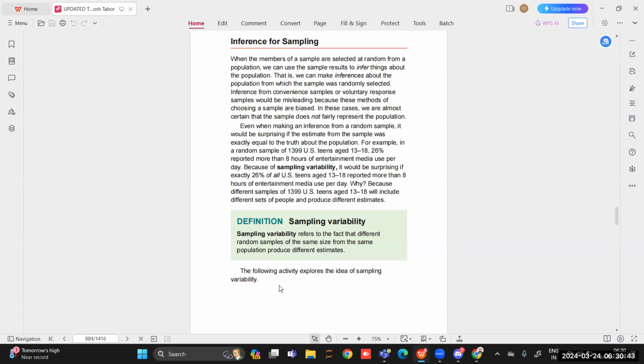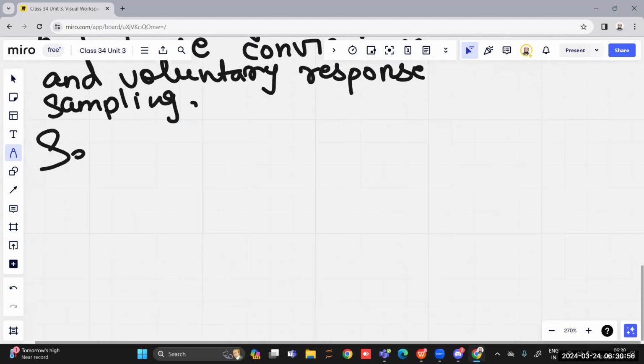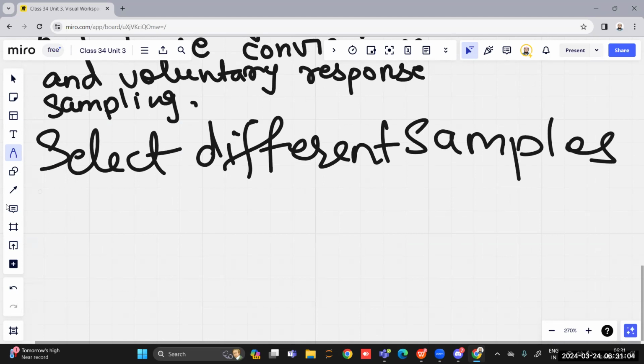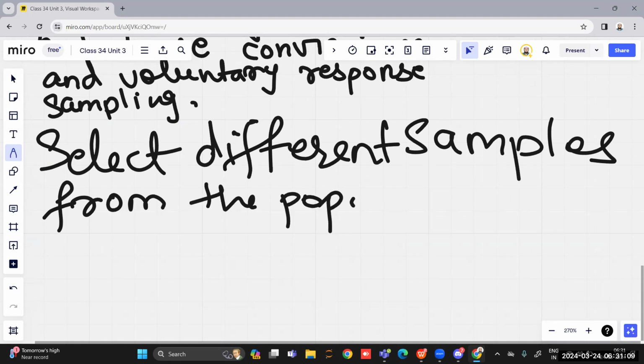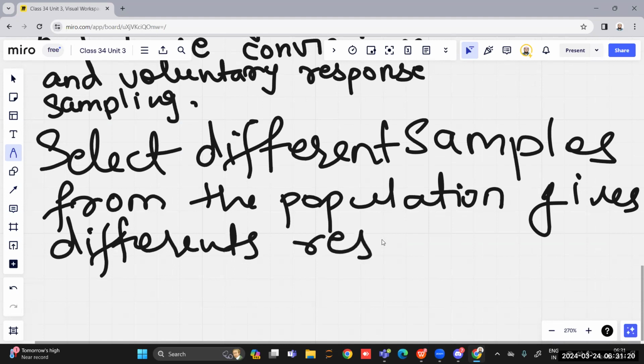Why? Because different samples of US teens aged 13 to 18 will include different sets of people and produce different estimates. So if we select different samples from the population, it gives different results.